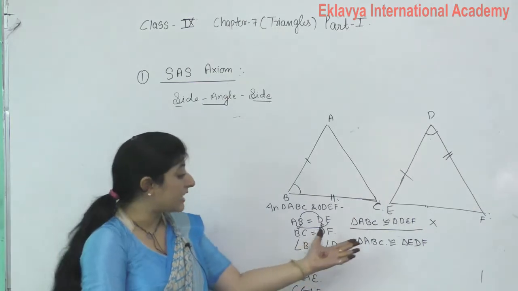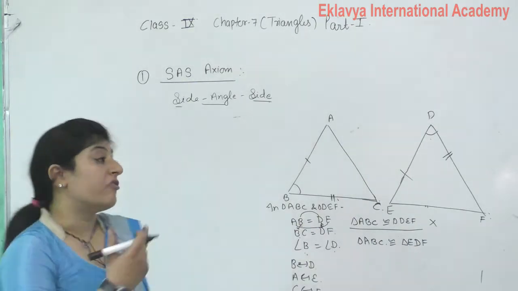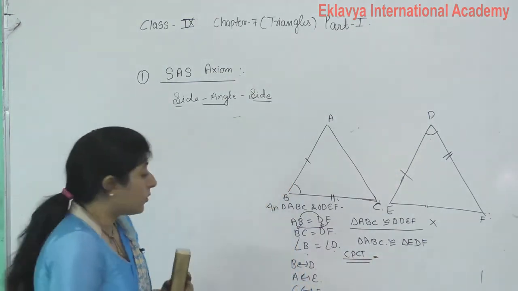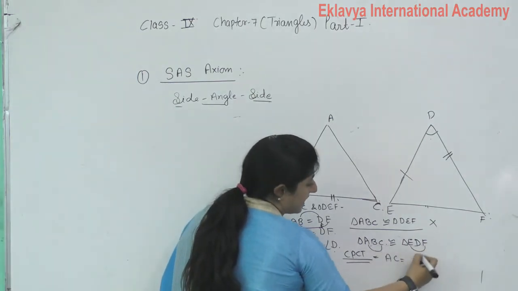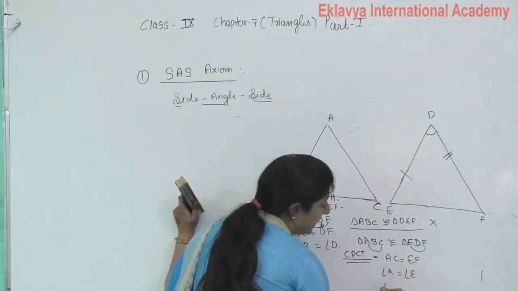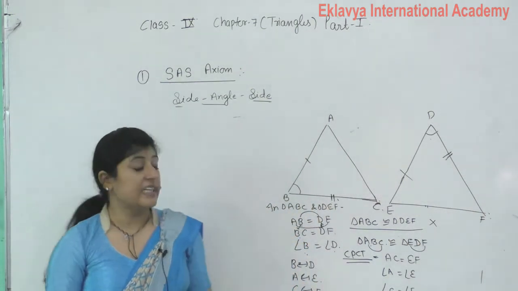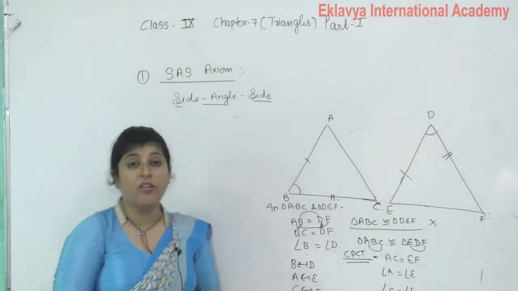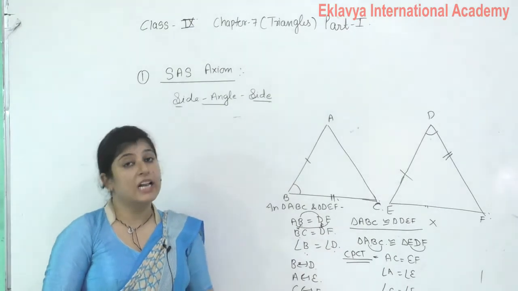We can say that triangle ABC is congruent to triangle EDF. What can we write by CPCT? The other remaining elements, 2 sides AB and BC we already took, then the remaining is AC, which becomes equal to EF. Angle A equal to angle E, angle C equal to angle F. Whenever you write down the name of a triangle, see properly and write according to the given information.